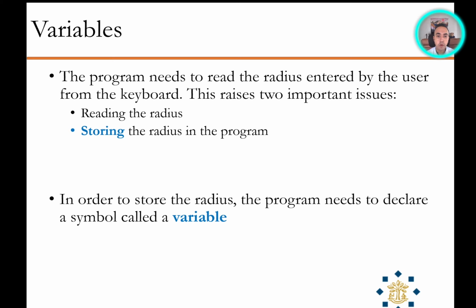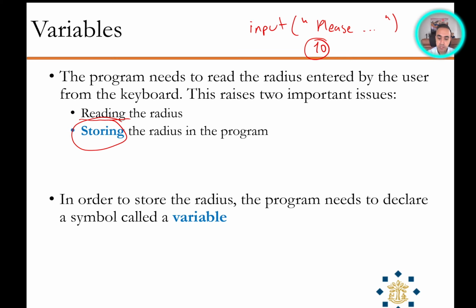So variables: the program needs to read the radius entered by the user from the keyboard. So this raises two important issues, right? You need to first read the radius, but you also need to store it, okay? Remember in the very beginning, I only did an input and then please enter, and then when the user enters 10, for instance, the 10 goes away, so it vanishes.